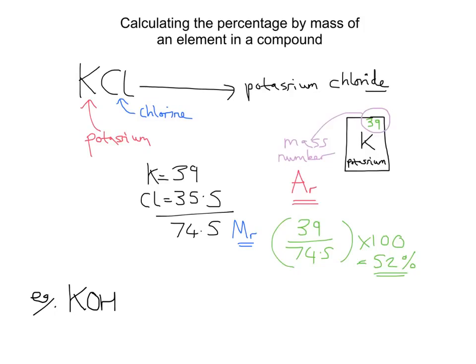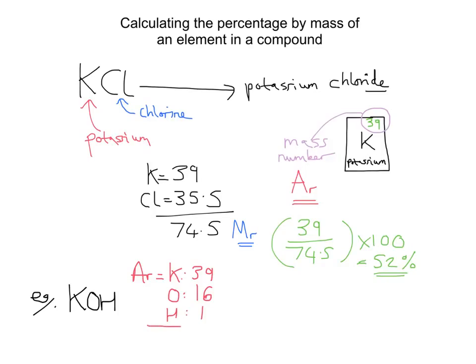So first of all, let's get the Ar values of each of the things that we've got. The Ar of potassium we know is 39. For the oxygen off the periodic table we can see that it is 16. And for hydrogen we know that is 1.